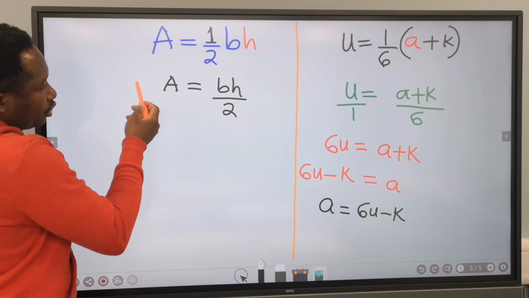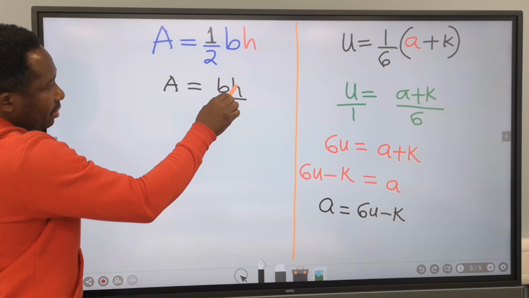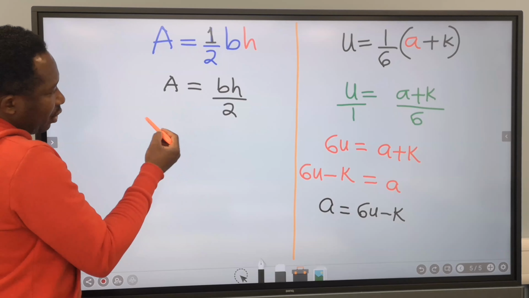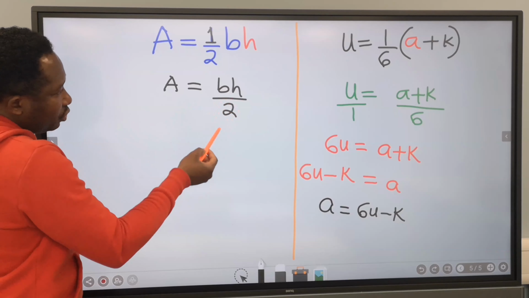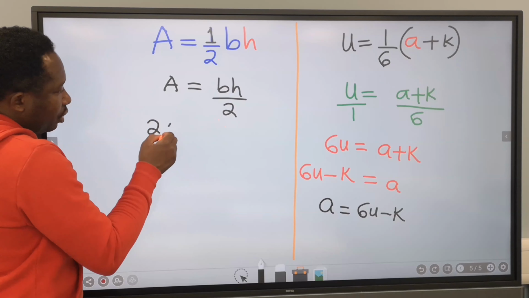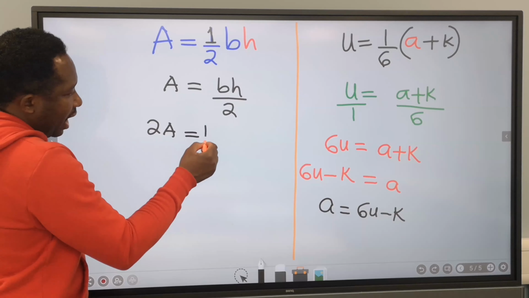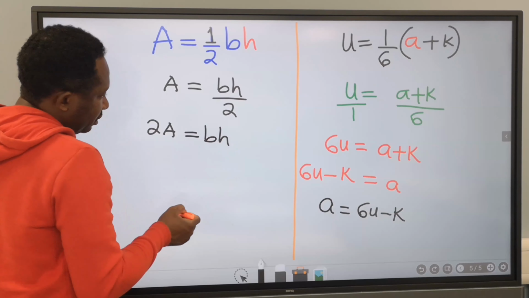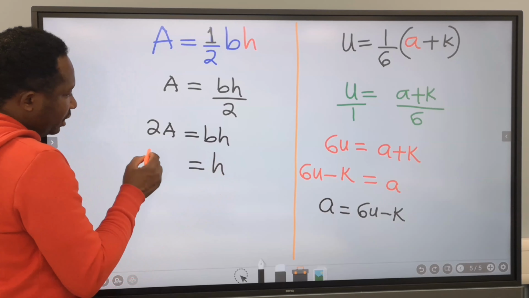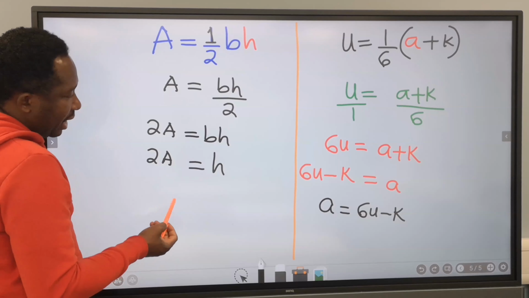Next, I will cross multiply because I want these two to leave. My aim is to isolate h. This is like over 1. If 2 moves across the equal sign, it's going to multiply because it's dividing. Now I have bh. Next, I want to leave h here. On this side, I'm going to have 2a. b is multiplying.